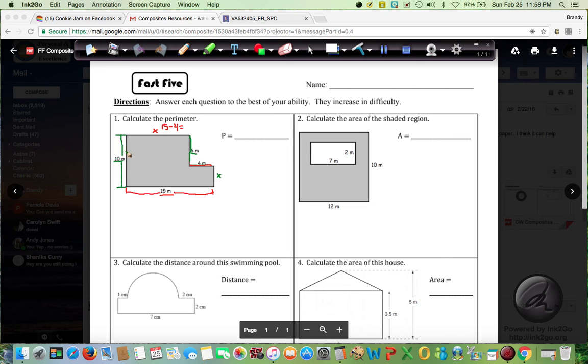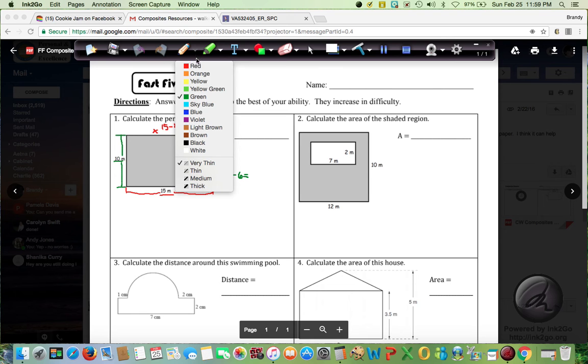If the entire length or width, whatever you want to call it, is 10, and we have this little bit over here that is 6, we could say 10 minus 6, and get that answer.